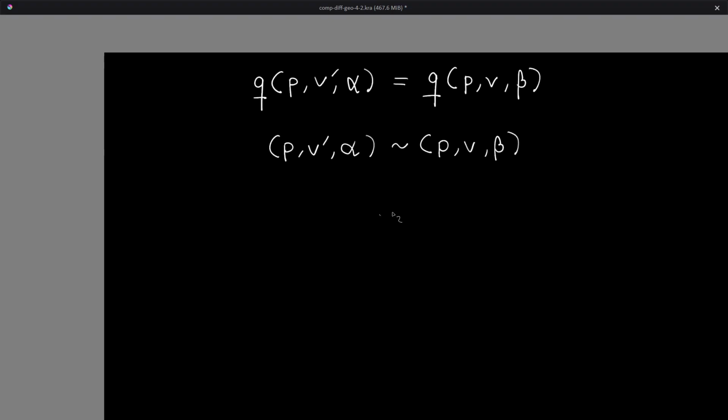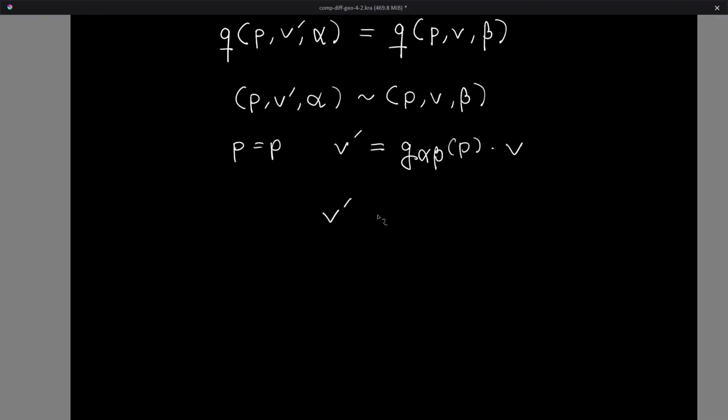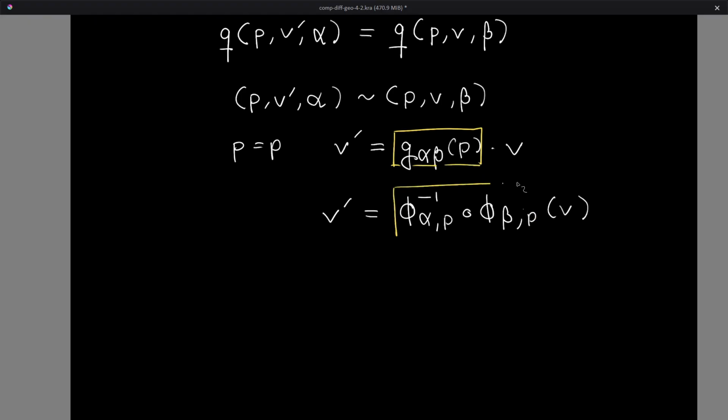So then P is equal to P, that's true by definition, but V prime is equal to G alpha beta of P into V, right? But notice what that means. What we started with on the last page, V prime is equal to phi alpha P inverse after phi beta P of V, right? Which means that this must be equal to this, right?